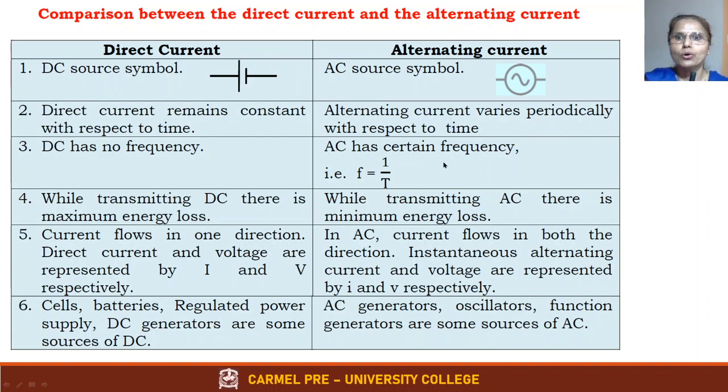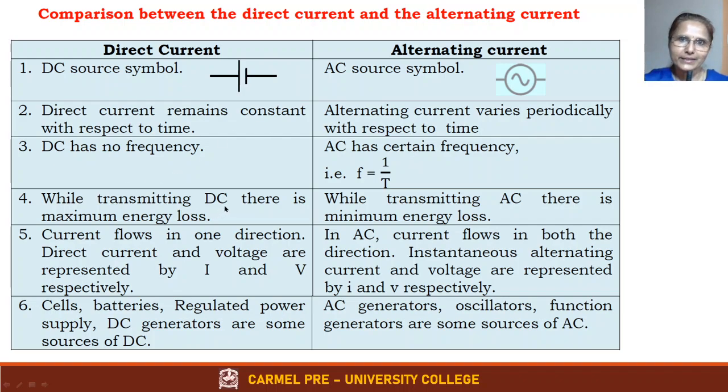Okay, and all these FM station frequencies are all AC. If it is 94.3 FM, 93.5 FM, whatever your favorite channels are, 101.3 megahertz, they are all megahertz frequency, they are all AC. Okay, DC has no frequency.